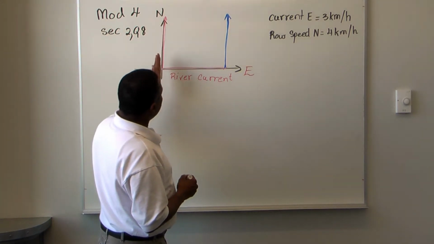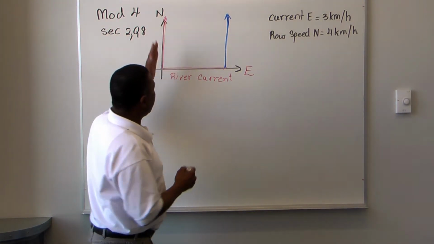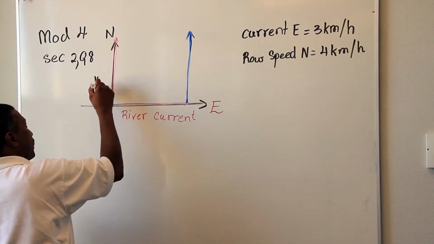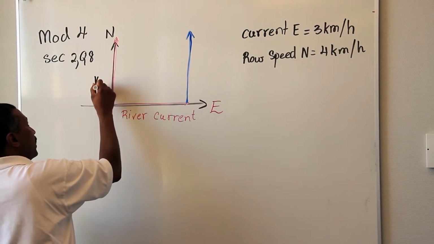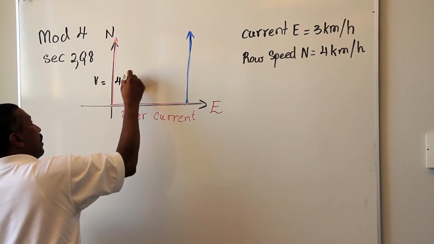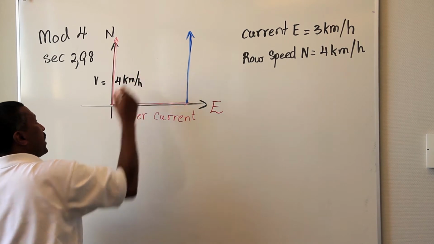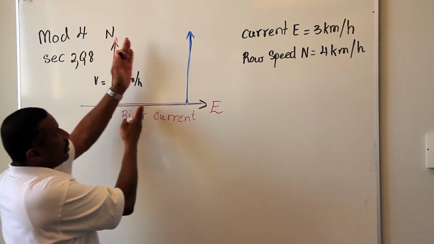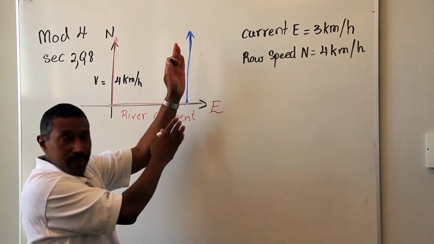From vector analysis, we know that if this represents her velocity across the river, and this is going to be 4 kilometers per hour, we could take this red arrow and slide it along to become the blue arrow.